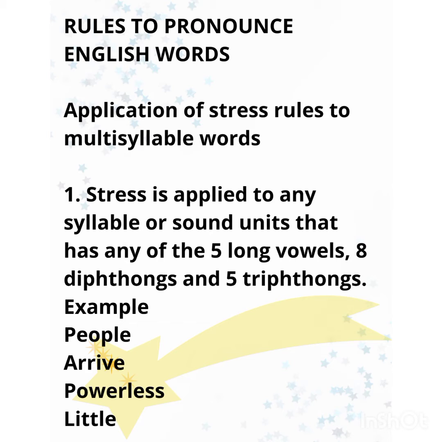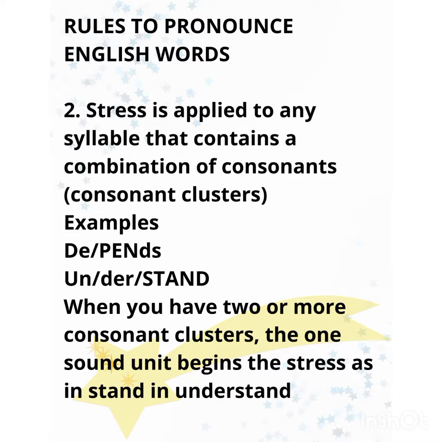For example, a word like people, arrive, powerless, little. So stress is applied to any of those sound units that has the long vowel sound or the diphthongs and triphthongs.